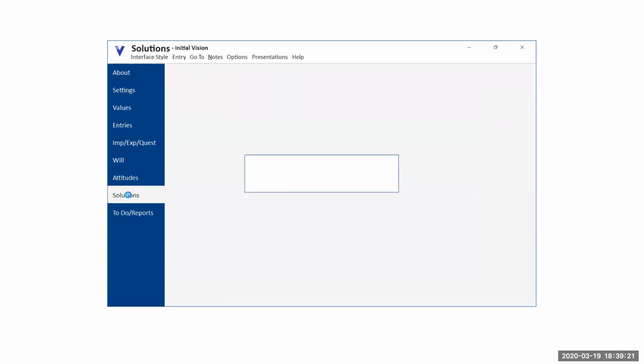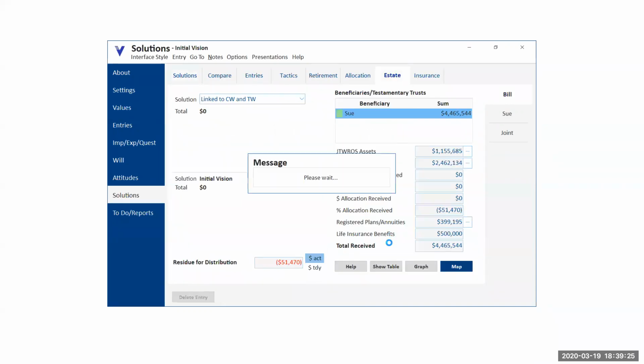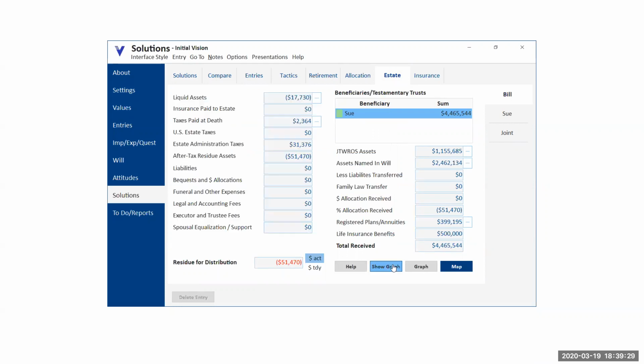So if we go back now to solutions and we have a look at the estate output for Bill, what we'll see is that the $525 is now $31,000 based on the projected value of the BC cottage at the time of Bill's death. So that's a significant enhancement in the accuracy of doing estate administration taxes.